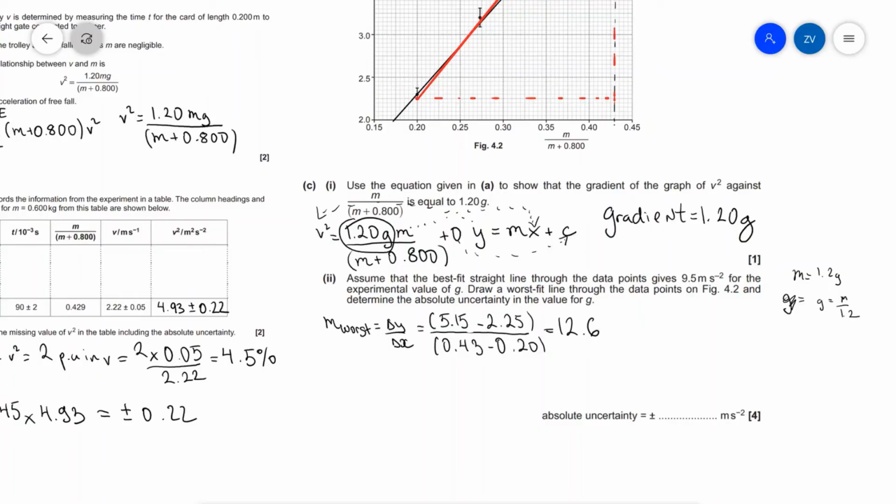Now remember, in order to find the worst acceptable value for g, I'm going to need to divide that by 1.2 because the gradient is equal to 1.2g.